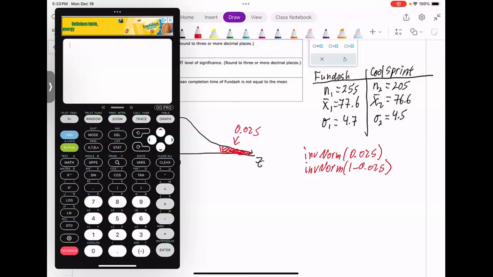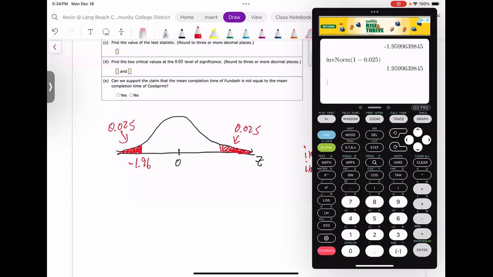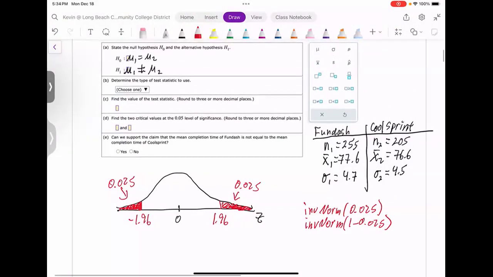Let's see what we get here. We are getting about negative 1.96, and inverse norm of 1 minus 0.025 is positive 1.96. All right, so we have our critical values.